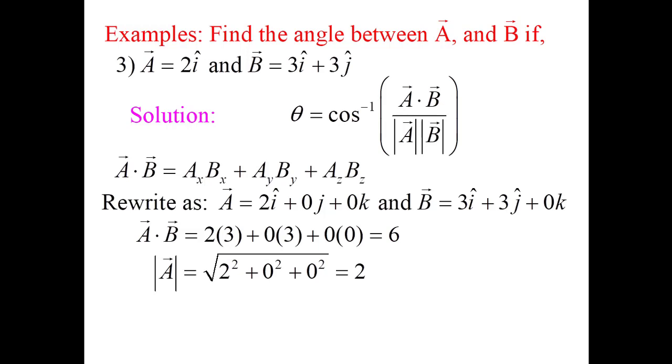The magnitude of vector A is the square root of the sum of the squares of the individual components of the vector. In this case, it contains only 2i, that is the square of 2, plus the remaining terms which are 0, and then after taking the square root, you get 2. Also, the magnitude of vector B is 3 root 2.